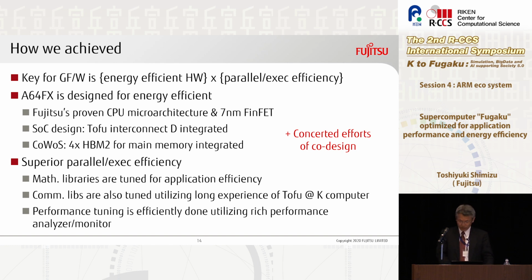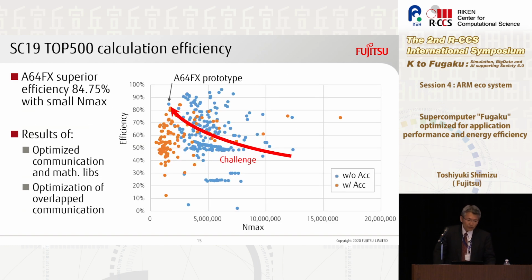Okay. I will show how good the performance efficiency of the A64FX is. HPL or LINPACK is easier for the large data set or program size. But our prototype is very limited in the data sizes or programs.